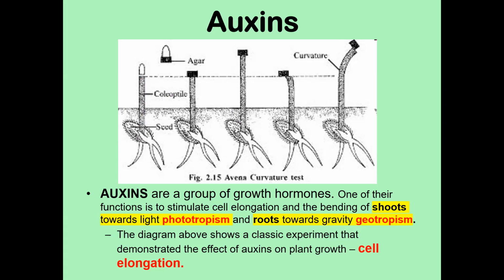It's just a form of very special jelly, and they put the apical tip on top of the agar, let it sit for a little bit, then put the agar without the tip on the cut stem, and it grows, because something, this is the key to it, something has moved from the tip into the agar and caused the plant to grow.